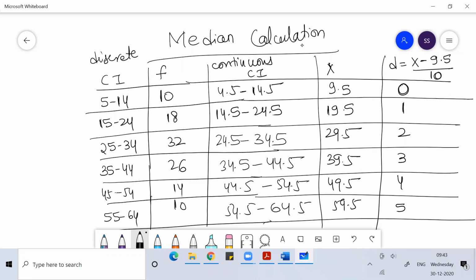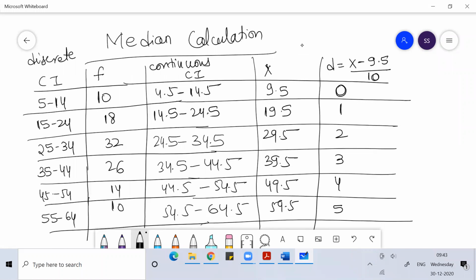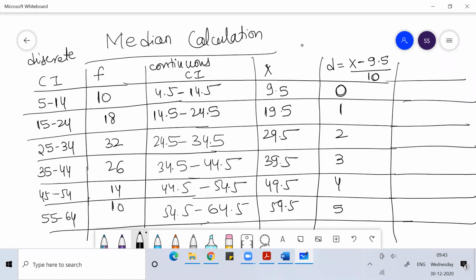I hope you still remember the step deviation method I discussed in the past. Once you get the d value, multiply f into d. That would be 0, then 18, 64, and 26 threes are 78, and 14 fours are 56.